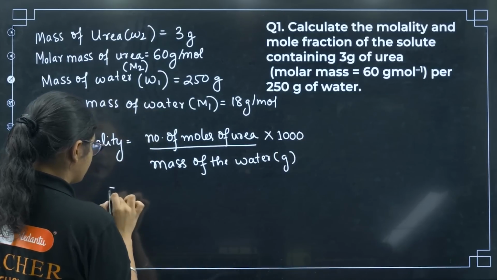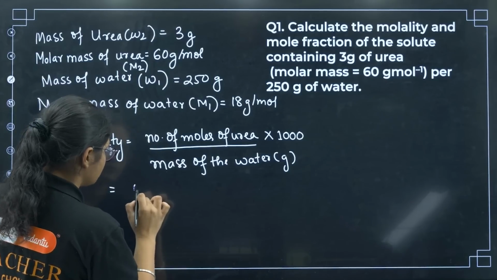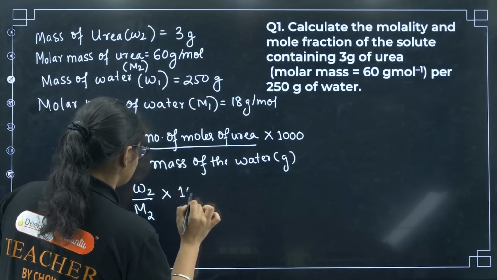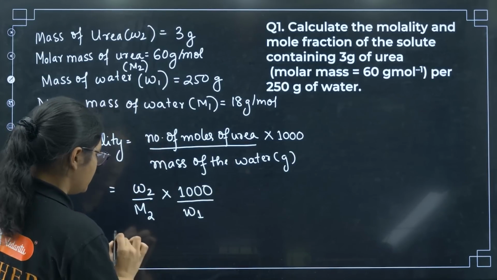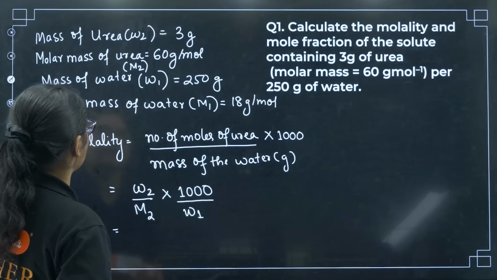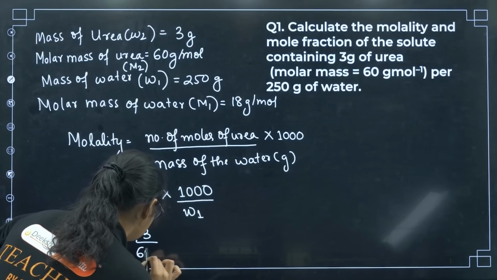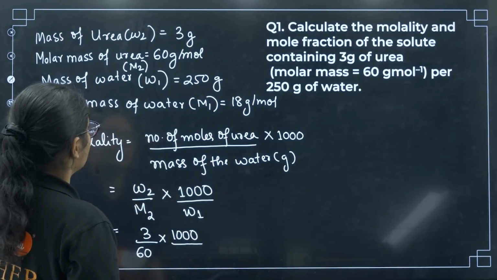In terms of symbols, the number of moles of urea is W2 by M2, into 1000 by the mass of water in gram, which is W1. Now substitute the values: 3 by 60 into 1000 by 250.